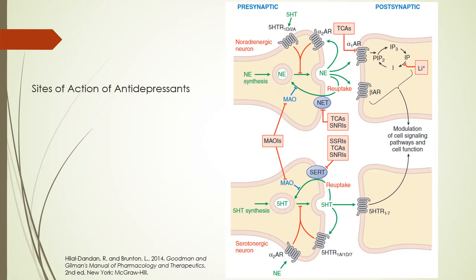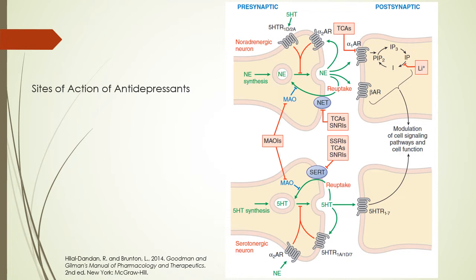But the TCAs also have a direct activity on the alpha 1 receptor. And so, tricyclic antidepressants have dual mechanisms of action and therefore have an effect profile which is wider.